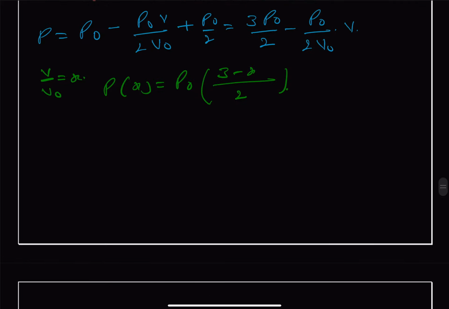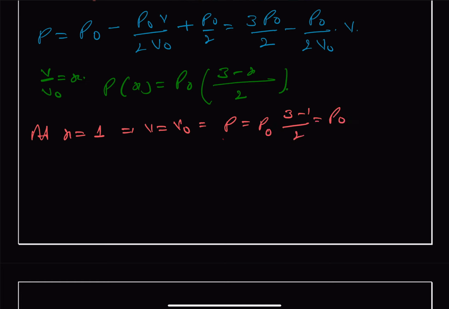We can say that at x equal to 1, we are having V equal to V naught. Therefore P is equal to P naught times 3 minus 1 divided by 2, which comes as P naught.